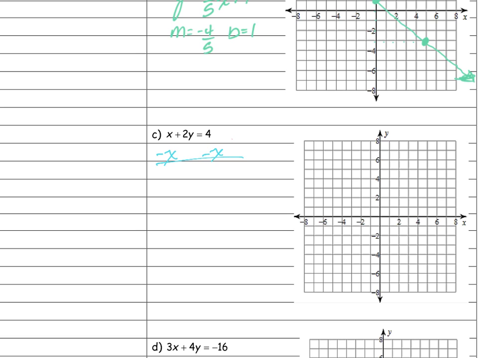That gives me 2y equals -x plus 4. Divide by 2. So y is going to be equal -1/2 x plus 2. So my slope is going to be -1 over 2, and my y-intercept is 2. Are there any questions about that?